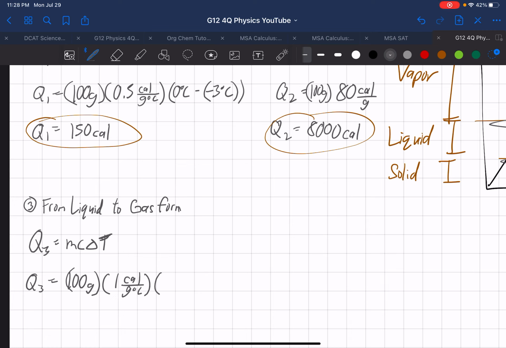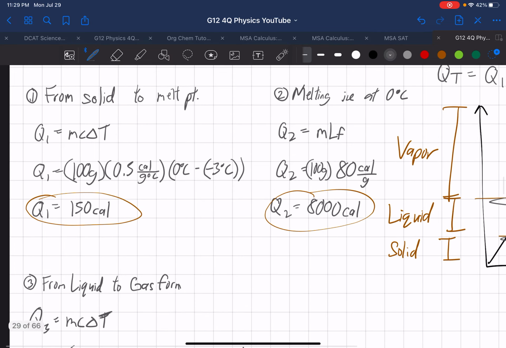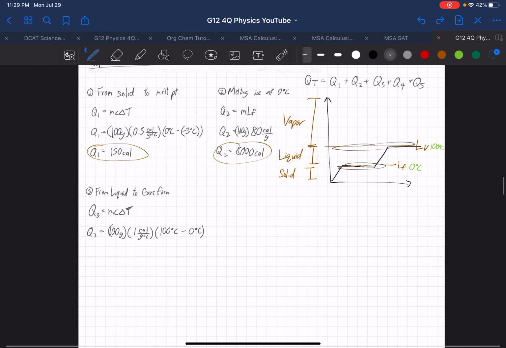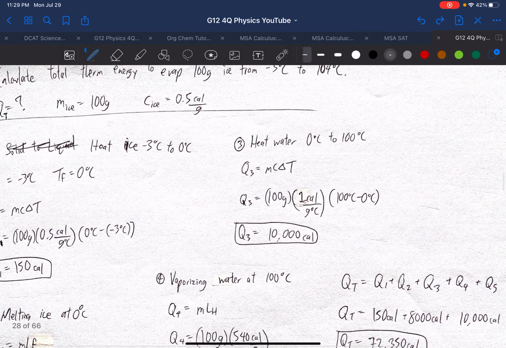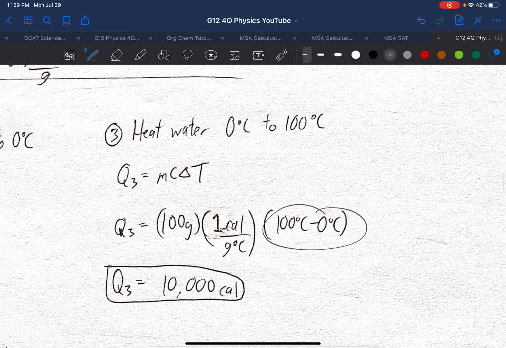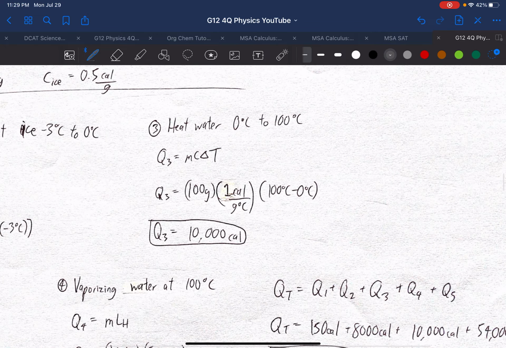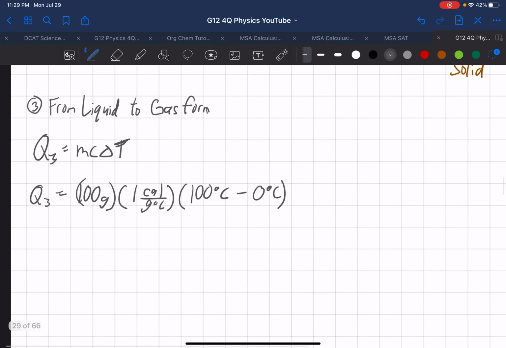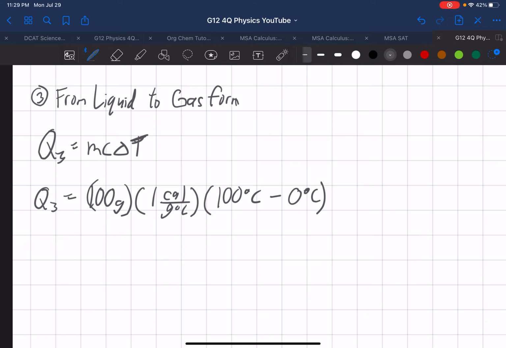The final temperature is the boiling point, that is 100 degrees Celsius, minus the initial temperature, that is what? 0, I guess. The melting point. We just came from the melting point. Let's see if we're right. Yes, we are. Okay. So 100 times 100, that's 10,000. What's the unit for energy? That's calories.